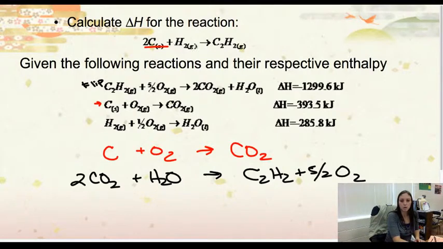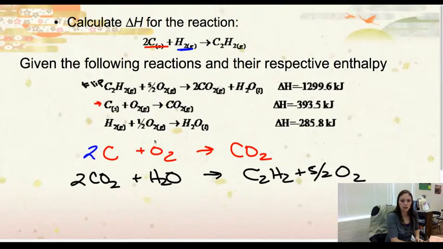Because I only need one H2 as a reactant, and I've got all kinds of other stuff. So right now, I've got 1 carbon dioxide on the right and 2 on the left. So I need to get these carbon dioxides to cancel out, which means I've got to take this one times 2, plus I also have 2 carbons.